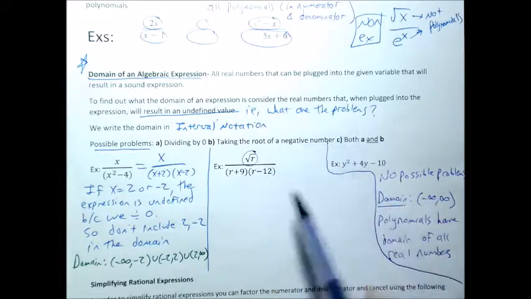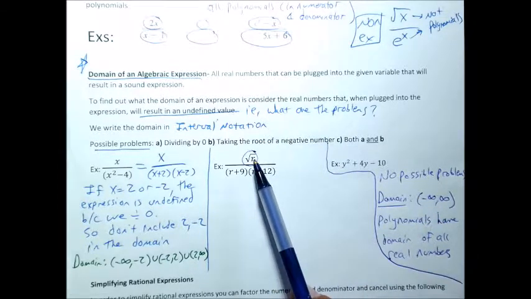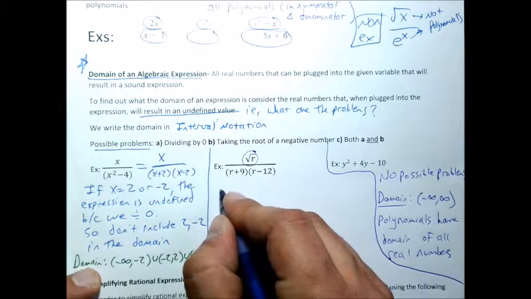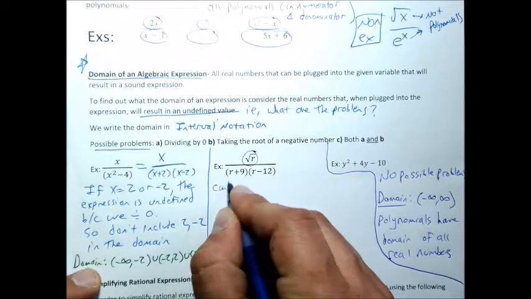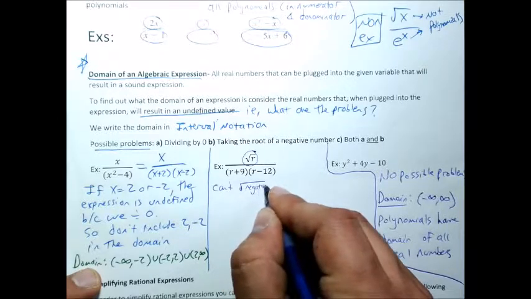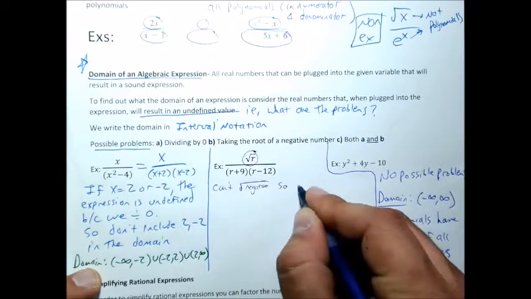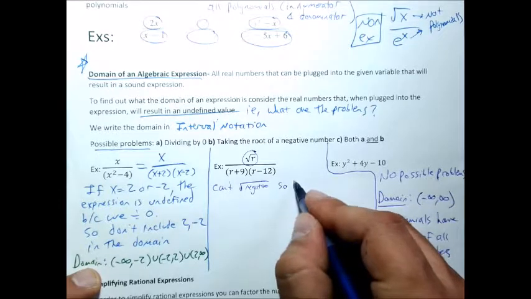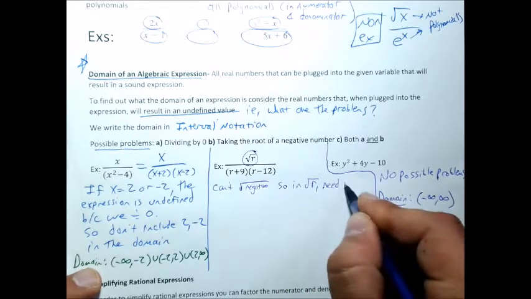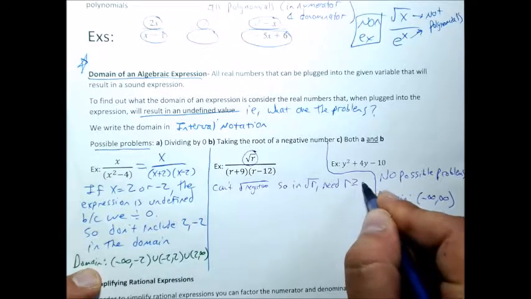So the numerator, the square root of r, we don't want to take the square root of a negative. And so I'll just say we can't take the square root of a negative. So in the square root of r, we need r to not be negative.